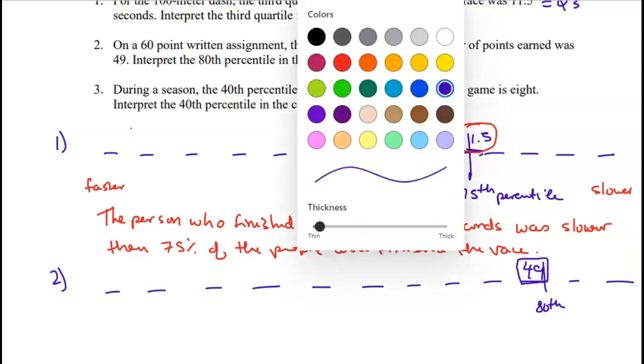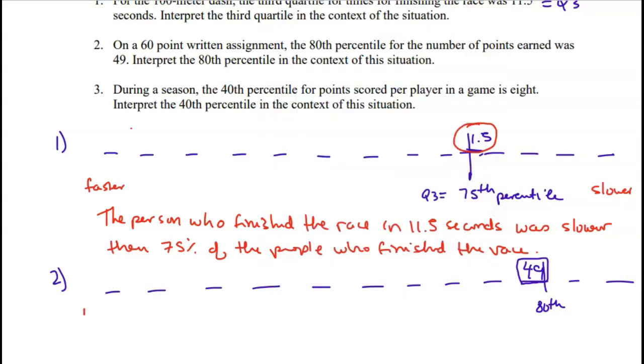So these are low points, low score, and this is high score. So this is like bad grade, good grade. Interpret the 80th percentile in the context of this situation.